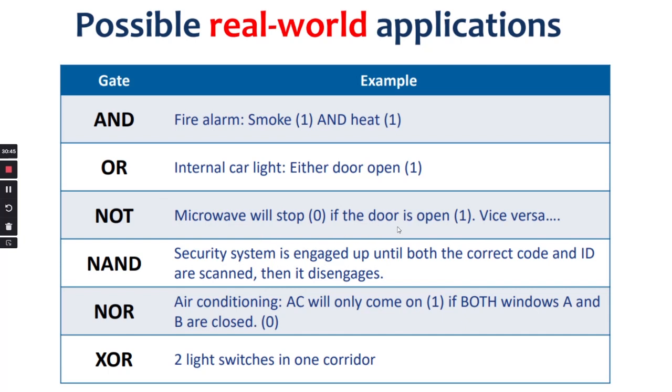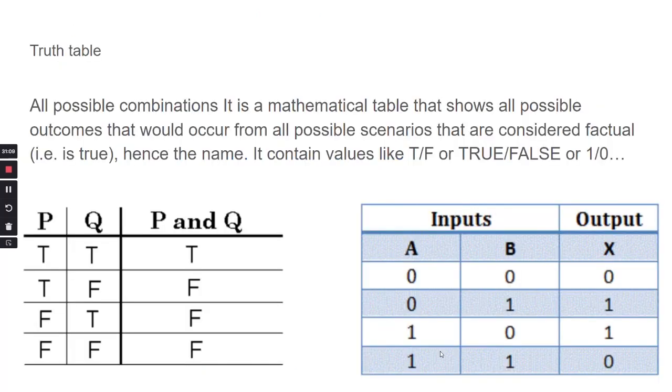The microwave will stop if the door opens, or vice versa. The security system is engaged up until both the correct code and ID are scanned. Then it is disengaged. Air conditioning, AC, will only come on if both windows A and B are closed. Two lights switched on in one corridor.